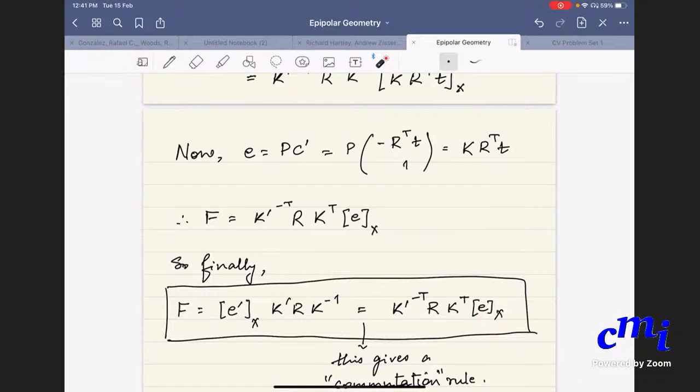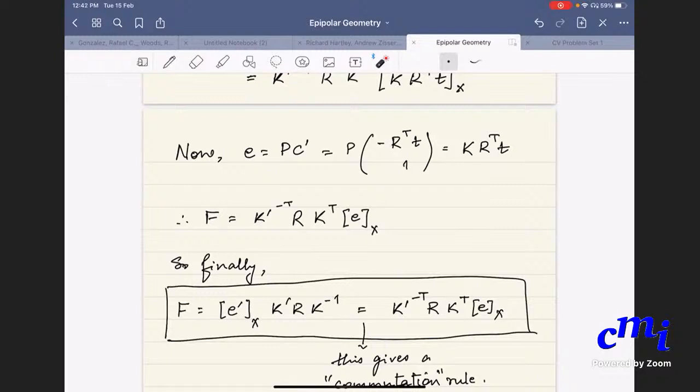So what this is telling us is not only giving us a commutation rule, but it is also telling us that you can find F from either the epipole in the second image or the epipole in the first image. You can use either of these pieces of information, and either of them is easy to derive once you know the camera matrices in calibrated form.